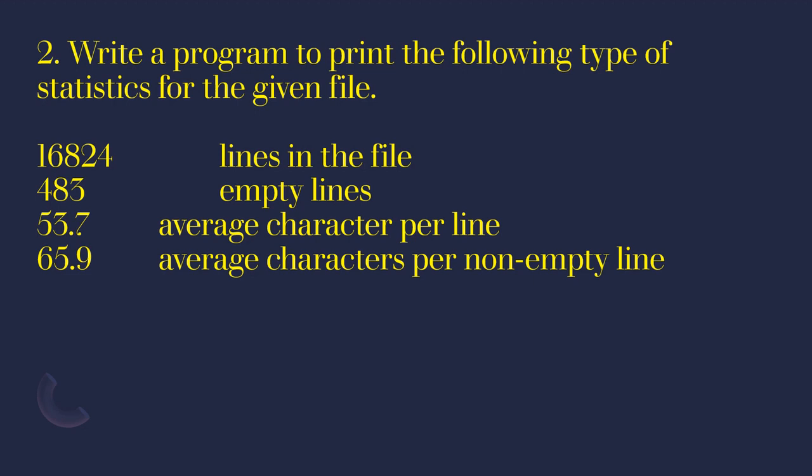Now write a program to print the following type of statistics for the given file. That means it will show the number of lines in the file and number of empty lines in the file, average characters per line and average characters per non-empty line. These are the things it has to display.